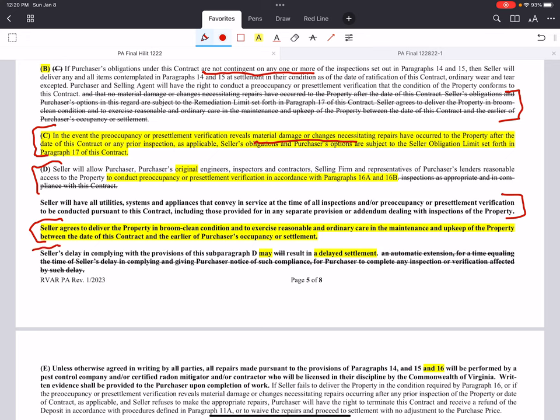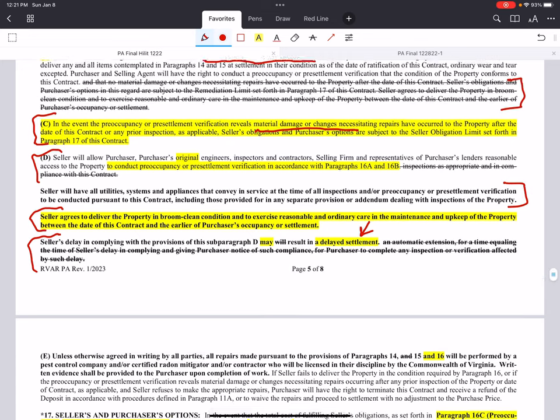We talk here about the seller's obligations in complying with this provision. If they do not comply, then it could result in a delayed settlement. And if you remember, when we had this conversation over in paragraph 14, it talked about if the seller didn't comply with the provisions, it could extend the inspection deadline.